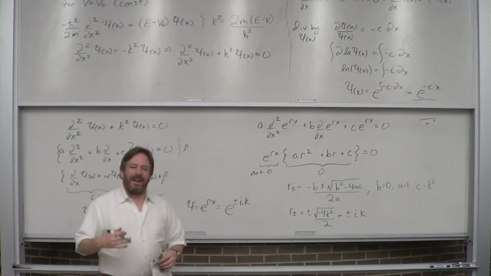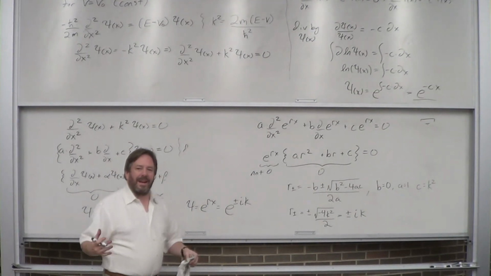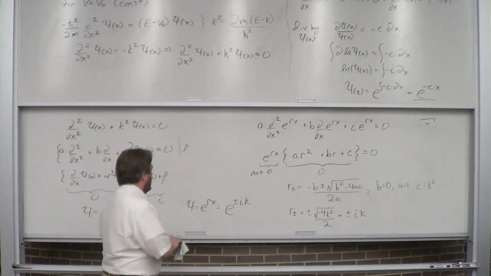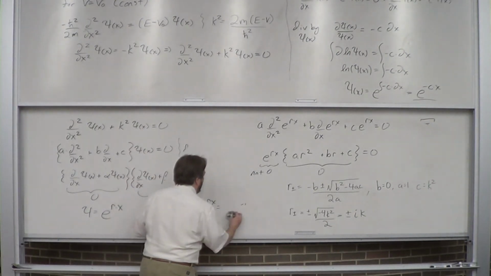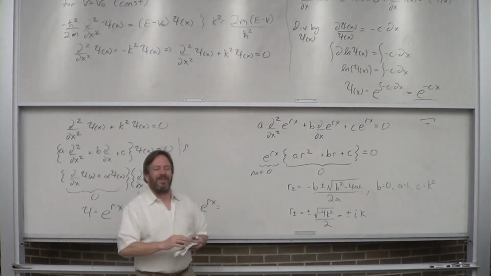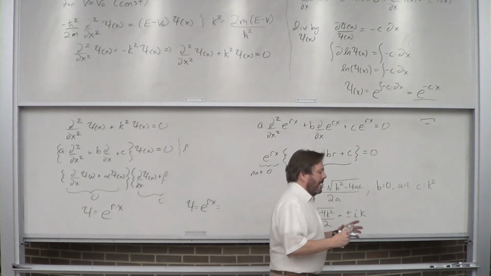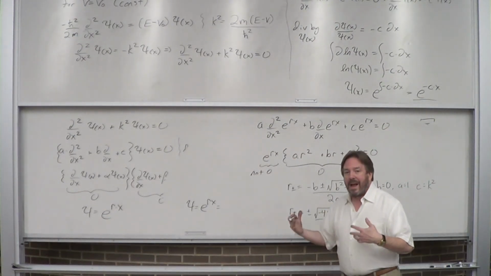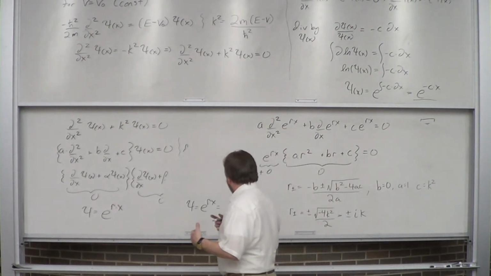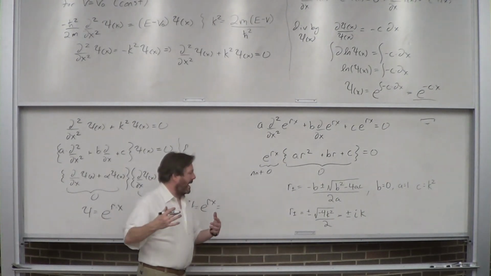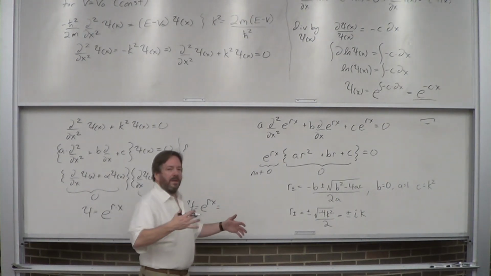There you go, e to the ik, or e to the minus ik. It's always the answer. Now let me throw a little math theorem at you. You probably don't know this. We have two answers, e to the ikx and e to the minus ikx.